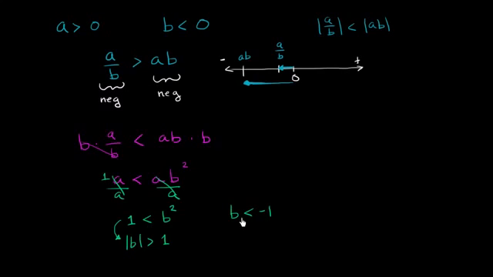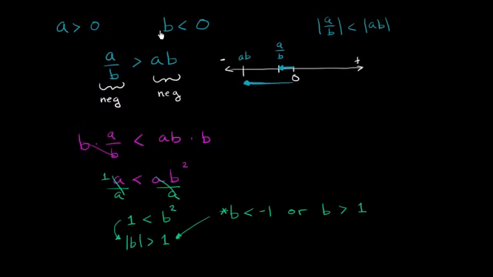So that doesn't work. So b has to be less than -1, or b has to be greater than 1. For the same exact logic, if it was exactly equal to 1, if you squared it, this would be equal. If it was 0.5, then b squared would be 0.25, which wouldn't be greater than. So you know both of these things are true. And this is another way of saying that the absolute value of b is greater than 1.